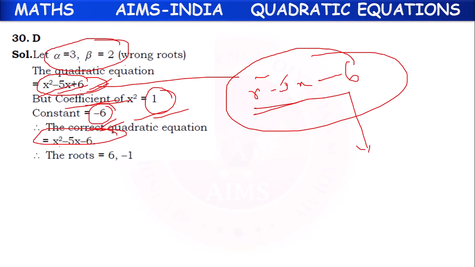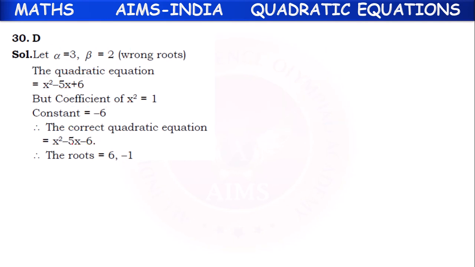So if it is like this, what will be the roots? The middle term: a into c, 1 into minus 6, it is minus 6. It is to be split into two terms so that the middle number, minus 5, should come.